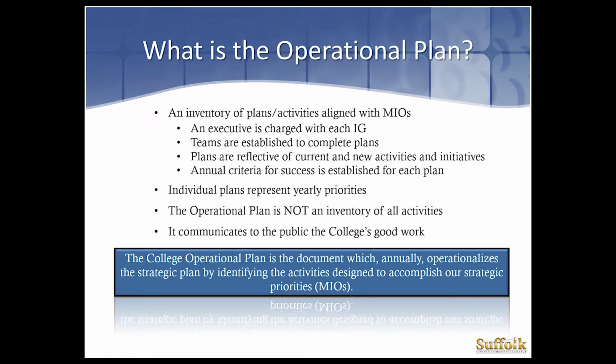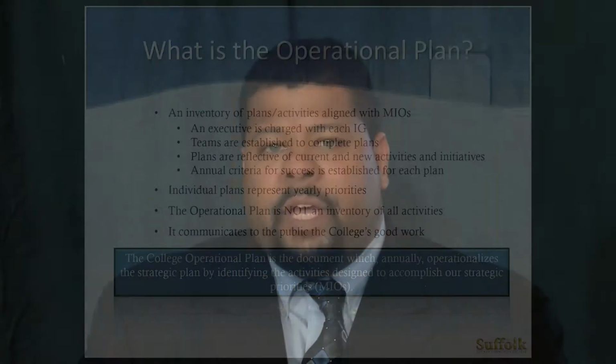They are detailing the activities in collaboration with their teams that they are going to be looking at with extra scrutiny for a year. They will be establishing criteria for success, and they will be working with staff from the Planning and Institutional Effectiveness Office to ensure that the plans connect to the measurable institutional objectives and that they are measurable, which is critical.